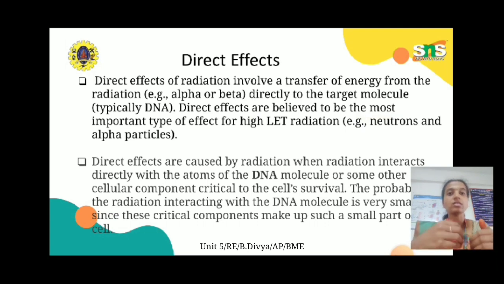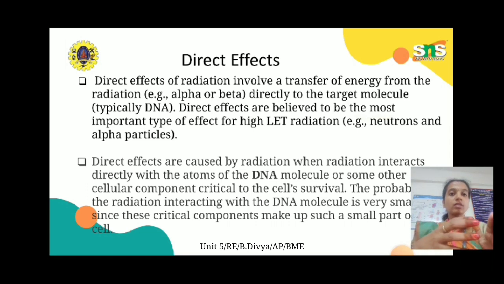In that case, there are two types of effects which affect the human body during the radiation process. The direct effects of radiation involve a transfer of energy from the radiation, for example alpha or beta radiation. We even have gamma radiation also, right?